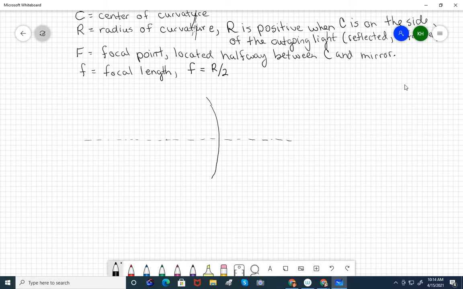Let's suppose that this is our focal point. That means our radius of curve, or center of curvature, is about here. I'm not counting the squares, but I know F is exactly halfway in between.